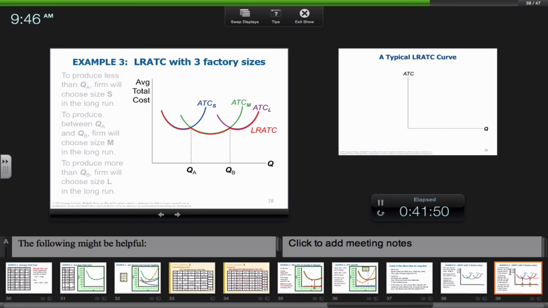The long run average total cost is the continuation of all three of those. Because remember, in the short run you can only build one, in the long run you could go anywhere along there. Yeah, you're only going to produce at one point along this, but this shows you what your long run productive costs could be.